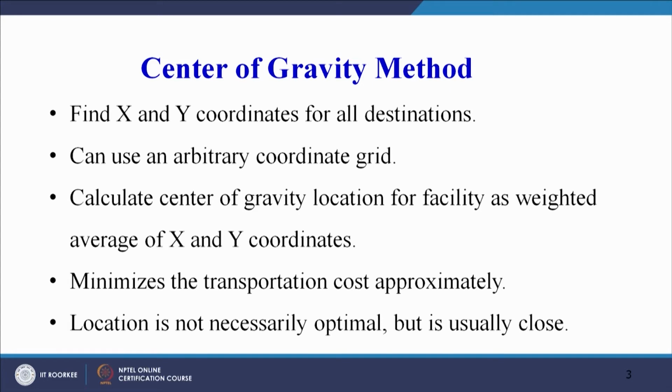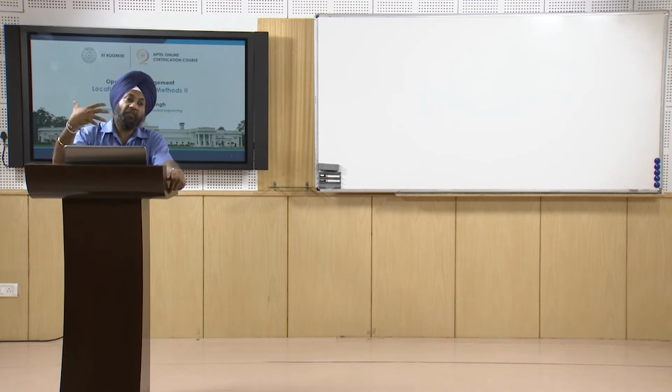We can use an arbitrary coordinate grid and calculate the center of gravity location for the facility as the weighted average of x and y coordinates. We will try to understand with the help of an example how we calculate and arrive at the final coordinates of the location.